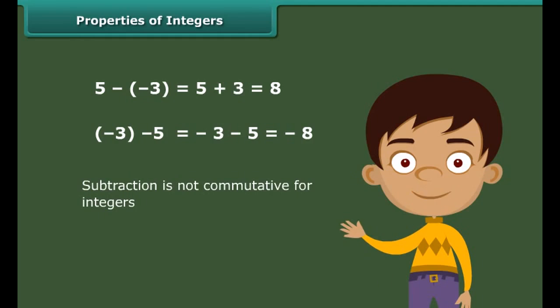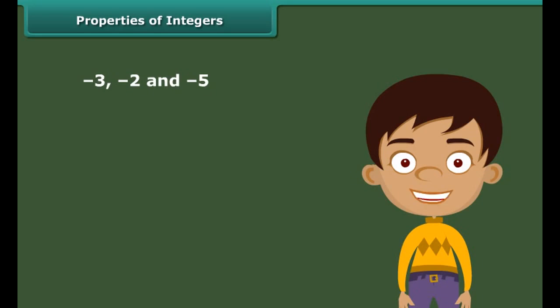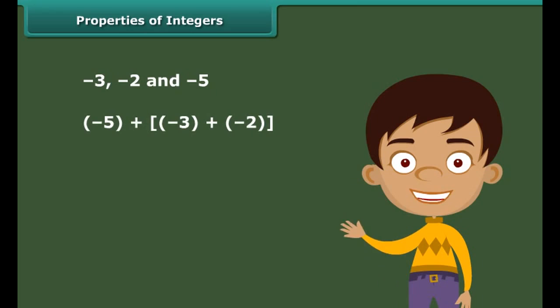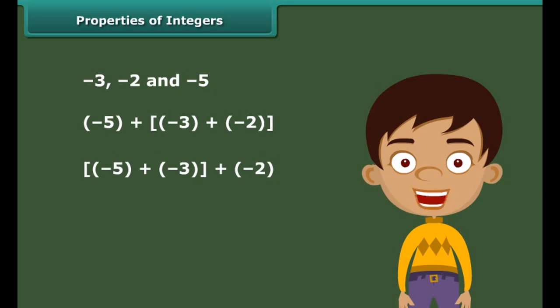Now observe the following examples. We will take the integers minus 3, minus 2 and minus 5. Look at minus 5 plus (minus 3 plus minus 2) and (minus 5 plus minus 3) plus minus 2.